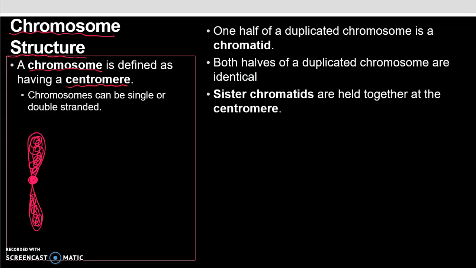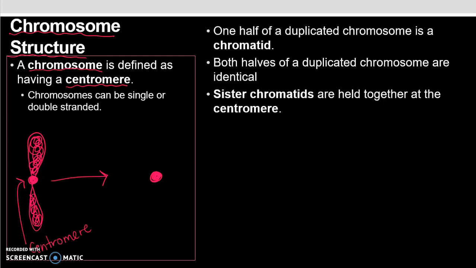So our centromere is here at the center of our chromosome. So we're defined as having one centromere. This is before replication. After replication, we're still going to have one centromere.